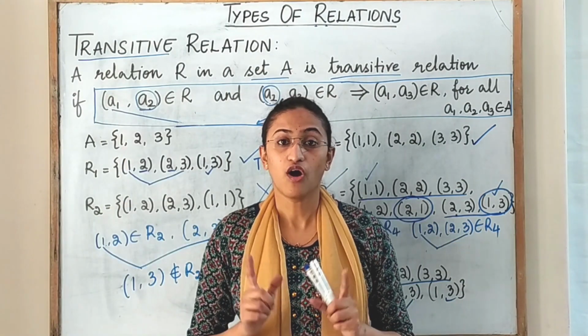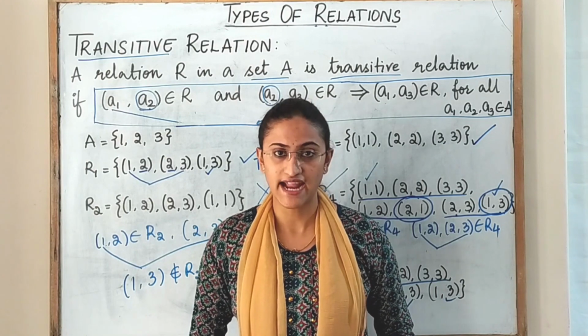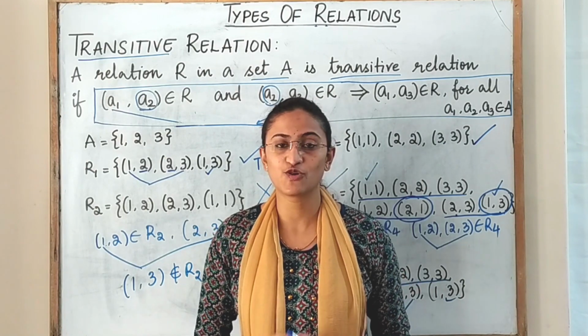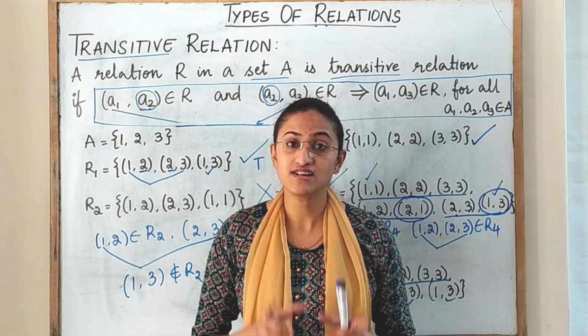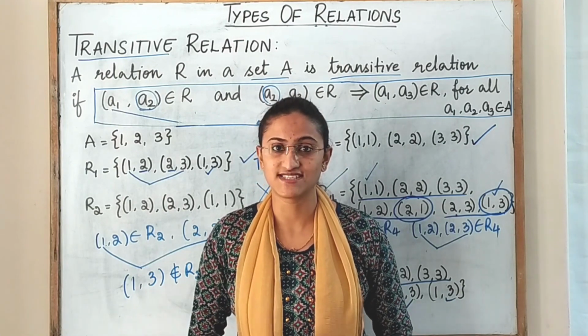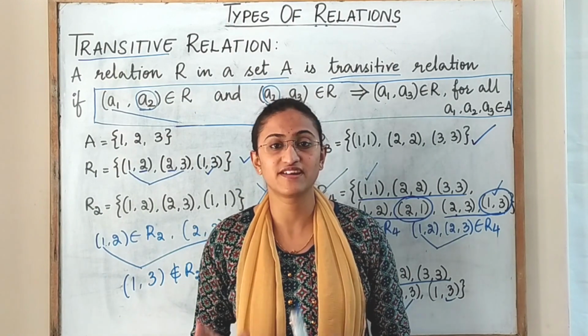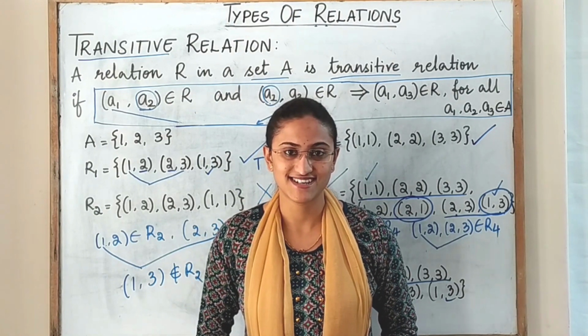Also note that all reflexive relations need not be symmetric and transitive. I have also shown you the examples. All symmetric relations need not be reflexive and transitive, and all transitive relations need not be reflexive and symmetric.